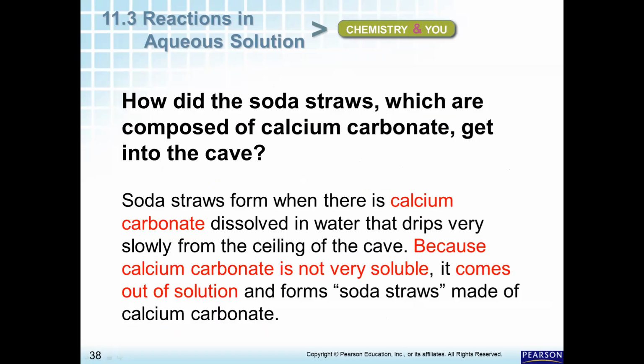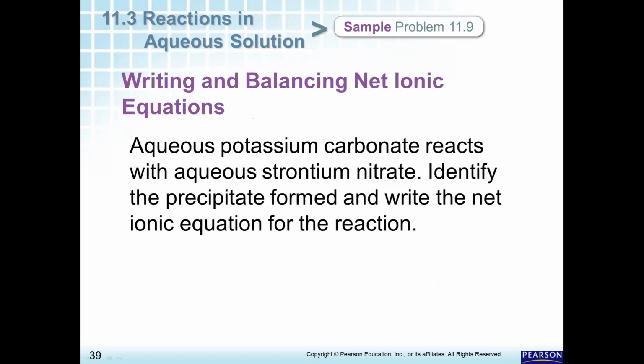The dripping water contains calcium carbonate, which is partially soluble. But when it is dripping like that, the calcium carbonate comes out of solution and forms the solid straws that are slowly built up. The ones which could not hold up there will drip to the ground and form the stalagmite, which looks like it is growing from the ground.